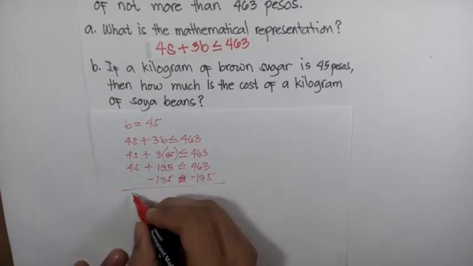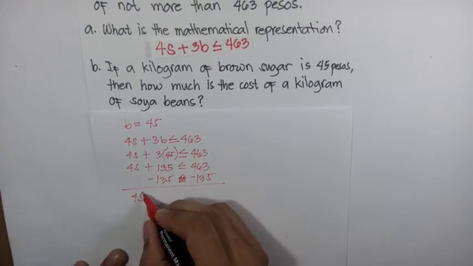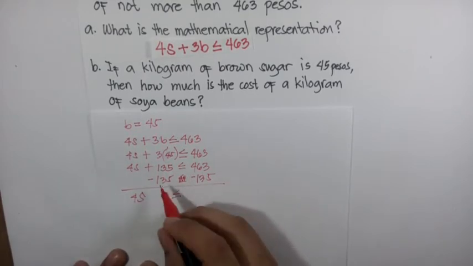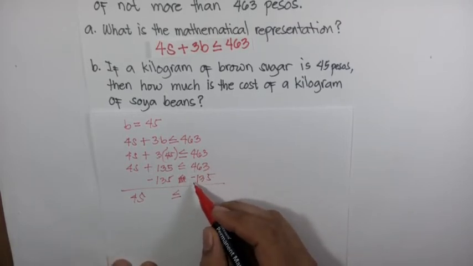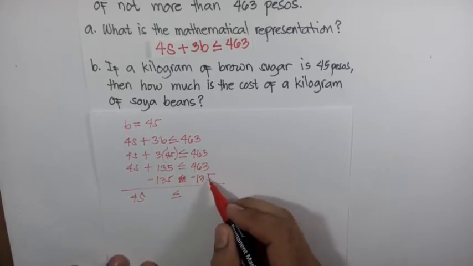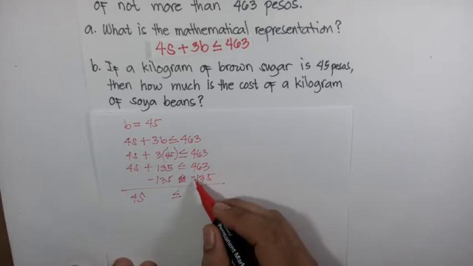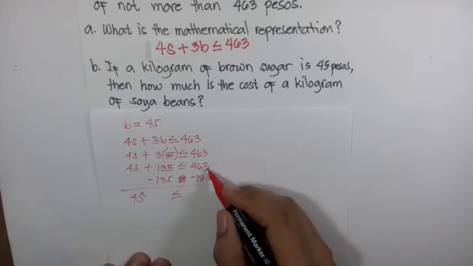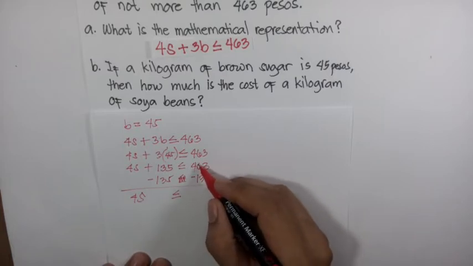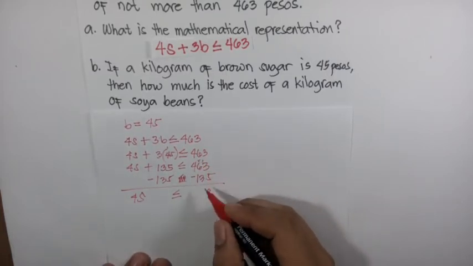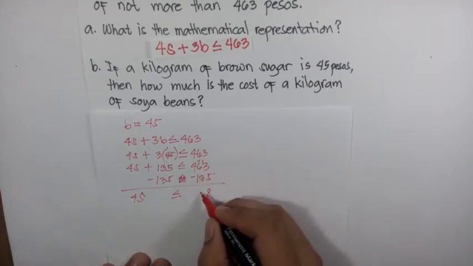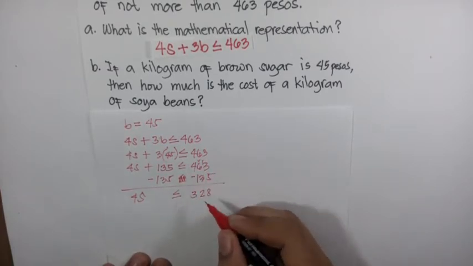So you have 4S, and this is 0, and 463 plus negative 135. Since the signs are not the same, you subtract. 3 minus 5, so you need to borrow from the 1. It's 13, so this becomes 8. You have 5 minus 3, that is 2, and you have 3.